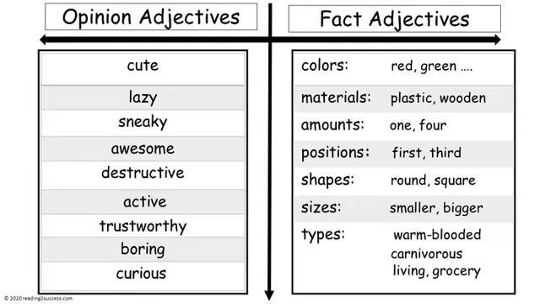Kids have practiced opinion adjectives: cute, lazy, sneaky, awesome, destructive, active, trustworthy, boring, and curious. They have also practiced fact adjectives that fall into the categories of colors, materials, amounts, positions, shapes, sizes, and types.